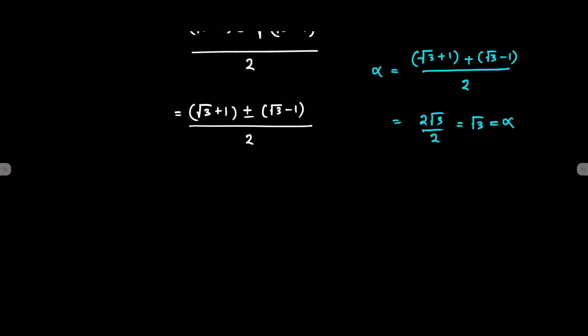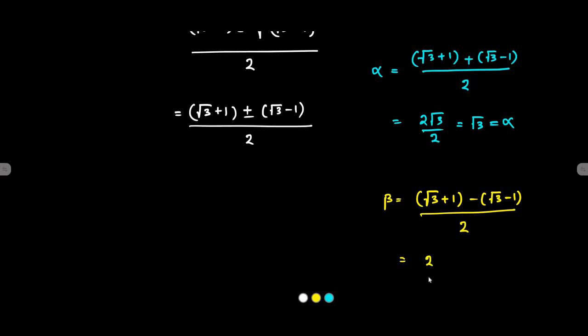And the second solution is beta, which is equal to root 3 plus 1 minus root 3 minus 1 by 2, which is equal to, here root 3 and minus root 3 will get cancelled, 1 plus 1.